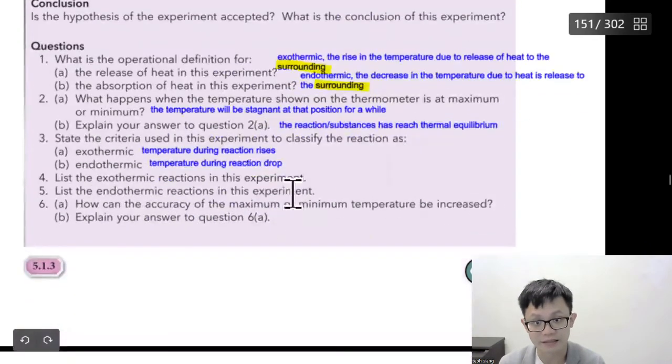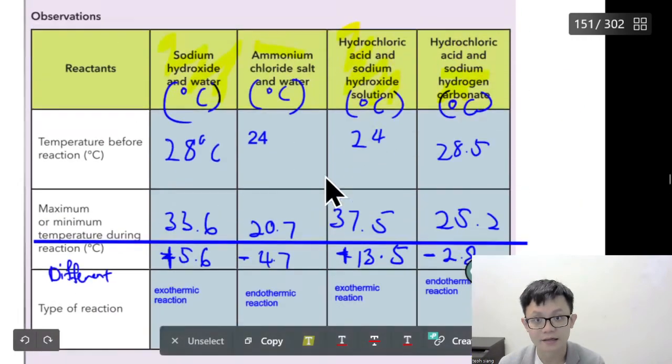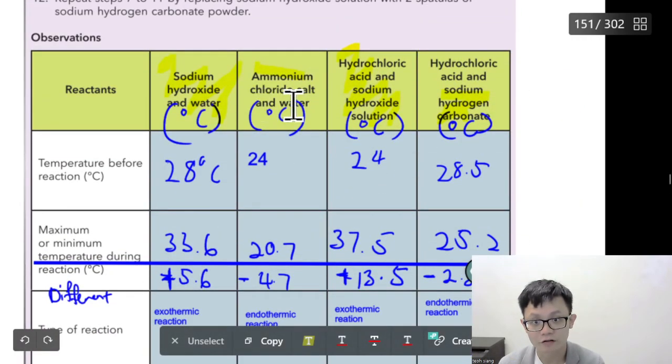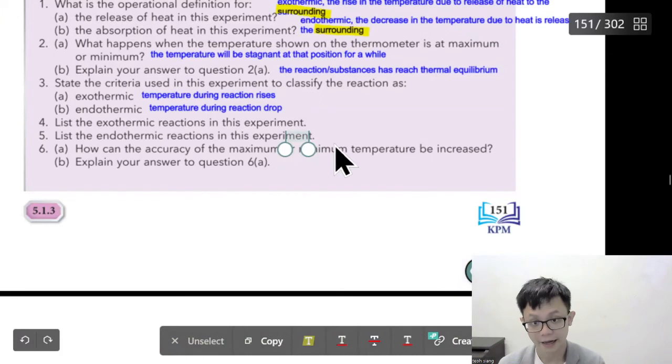So these are exothermic. Endothermic: ammonium chloride salt and water, and hydrochloric acid and sodium hydrogen carbonate are endothermic.